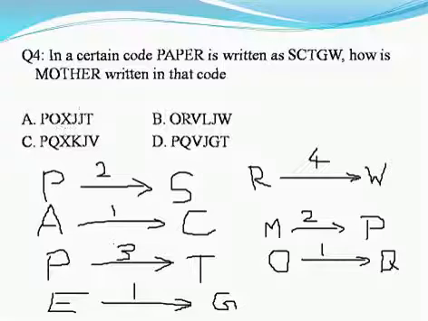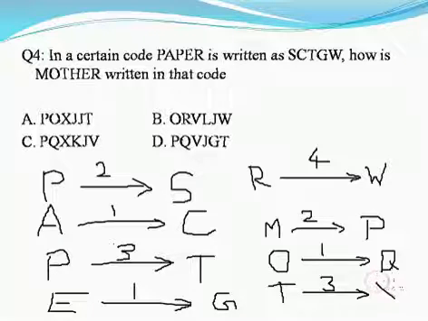So A and B are ruled out, only C and D are remaining. Now I'll check with the third one. Okay, we'll get X or V. The third letter is T. For T, I am adding 3. So L, M, N, O, P, Q, R, S, T, U, V, W. Here I'll get X.